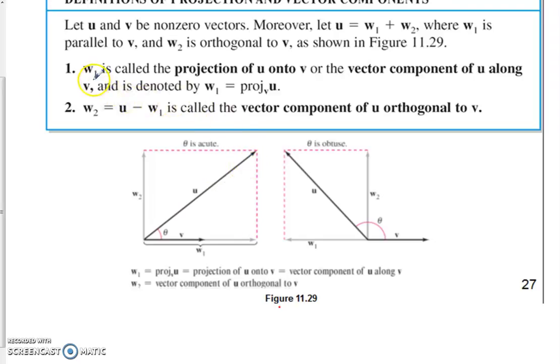Okay. W1 is called the projection of U onto V, or the vector component of U along V, and is denoted W1 is equal to the projection of U onto V. That's how we say that. Okay, what do we really mean? Well, imagine, if you would, I had a little sun up here, and it's projecting straight down.